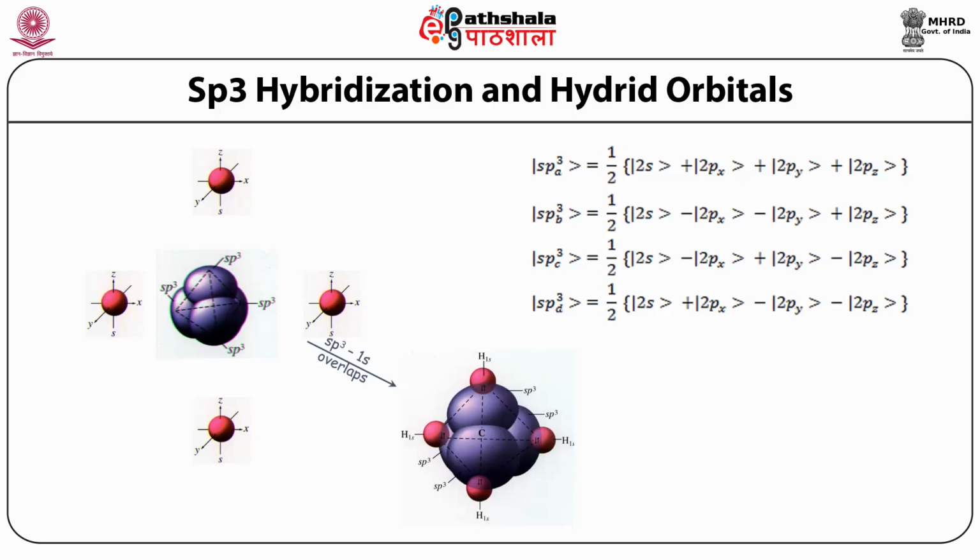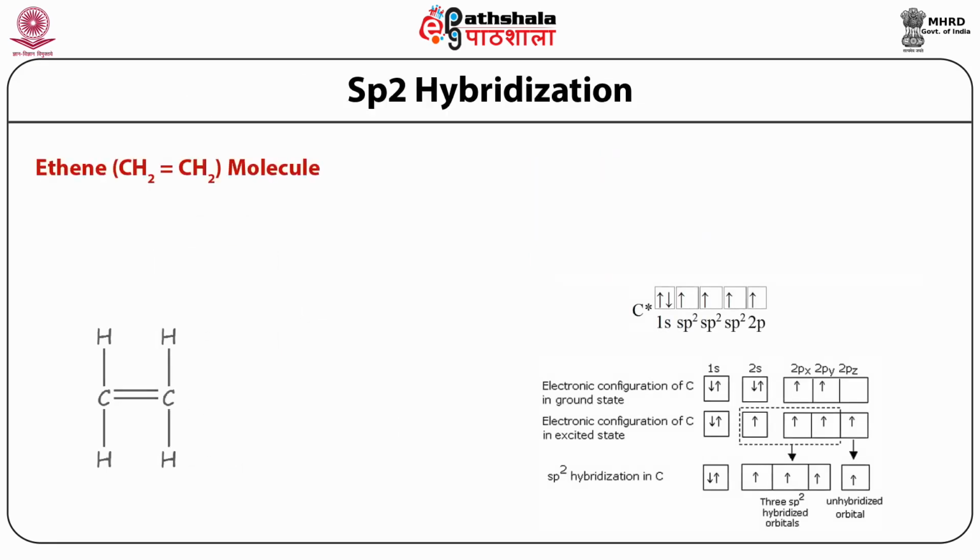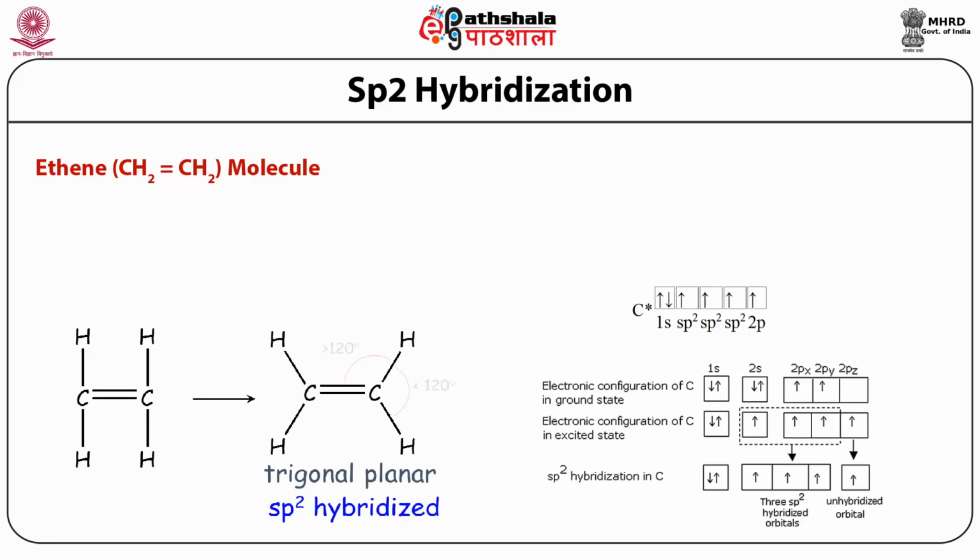In general, for sp(n) hybridization, n plus 1 electrons belonging to the carbon atom are occupied in the hybridized sigma orbital and 4 minus (n plus 1) electrons in the pi orbitals. Now let us discuss the sp2 hybridization.